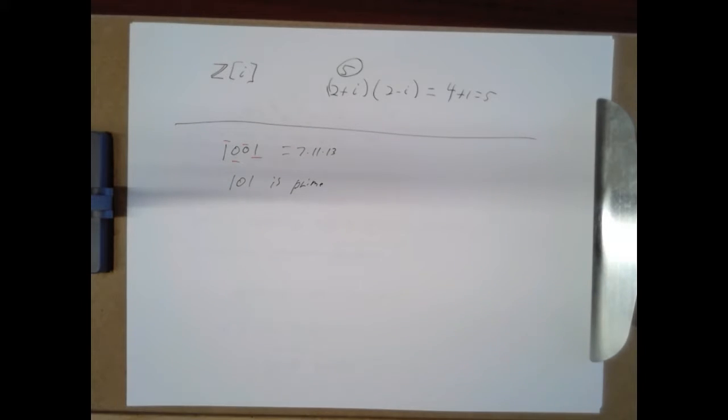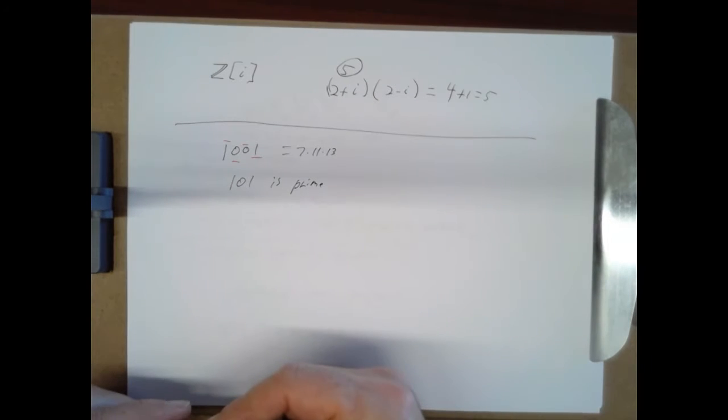And so you really don't have to go above half of this number. Because if we divide this by something bigger than half of it, we're going to get something smaller than half of it. And we would have already found that on the way. So we can cut our search in half by only searching up to this number divided by 2.